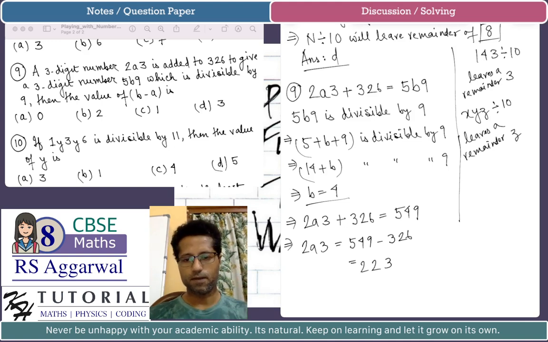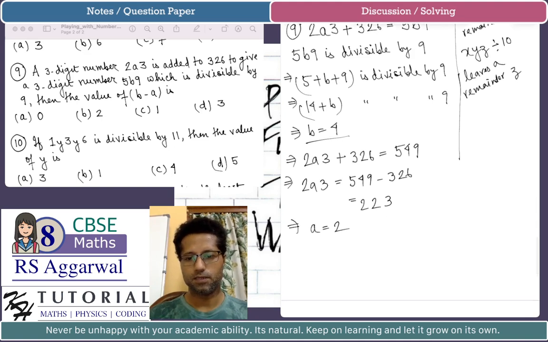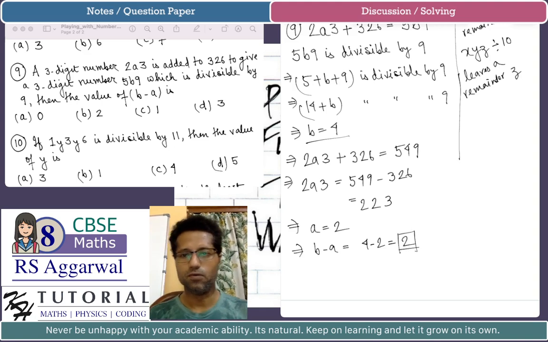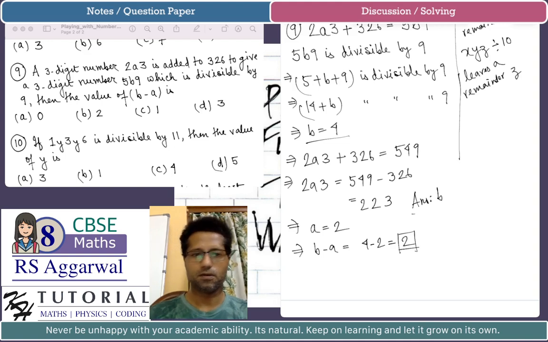From this, by comparing the digits, we can clearly say that A is equal to 2. This implies we have to find the value of B minus A. B minus A is equal to 4 minus 2, that is 2. So 2 is the value of B minus A, and the correct choice is B. B is the correct choice.